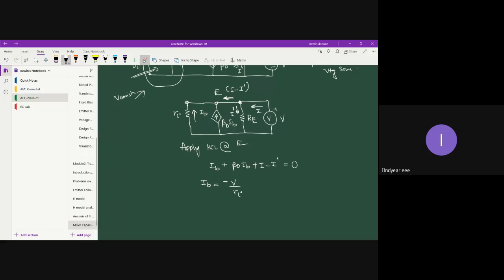So whatever voltage appears across Ri is nothing but this voltage V. But remember that the current direction through Ri we have taken in clockwise direction, but your pessimistic voltage source V is trying to circulate the current in the opposite direction, hence the negative sign is placed. And on the output side you can write I dash is equal to V divided by Re, right? I dash is nothing but voltage across Re divided by the resistance.